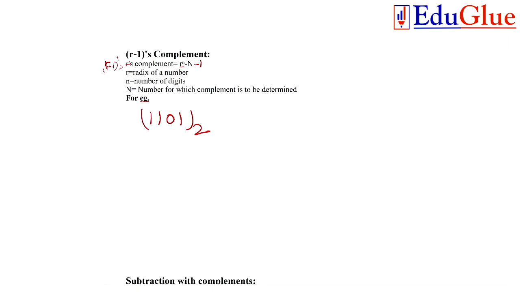So how are we going to do this? The formula will be 2 raised to power 4 minus 1101 minus 1. Again, we need to convert 2 raised to power 4 into binary. So 1 followed by 4 zeros, minus 1101, minus 1. So again perform the subtraction.